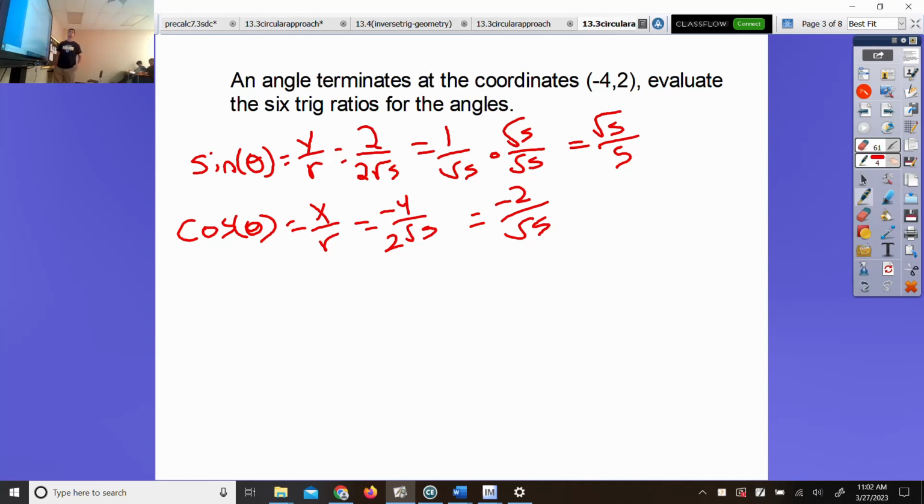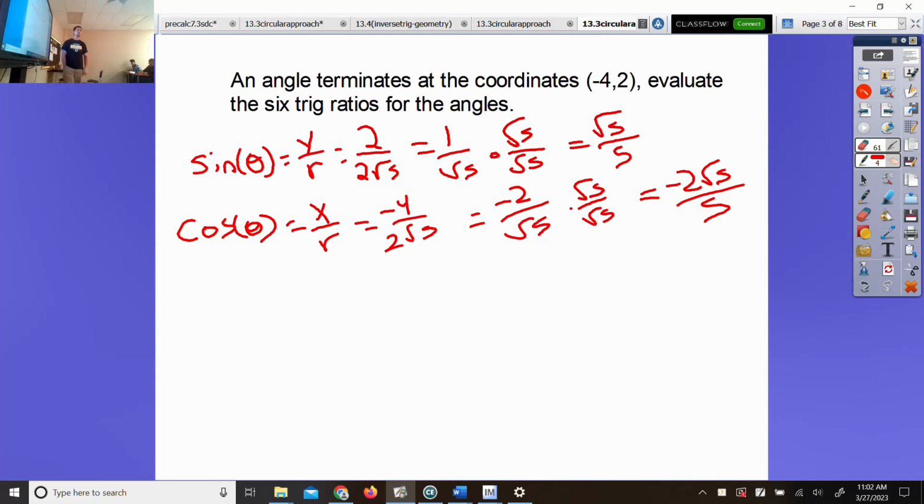Multiply by root 5 over root 5. What are you really multiplying by? 1. You're not changing the number, you're changing the way it looks. So it would be -2 root 5 over 5.